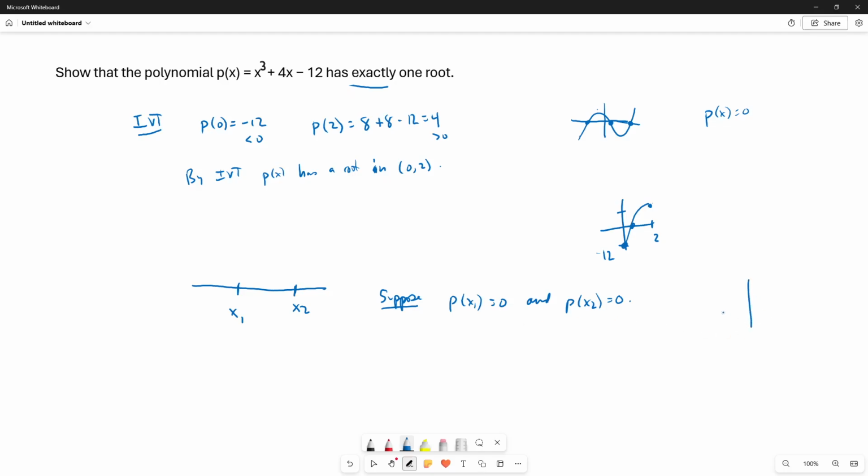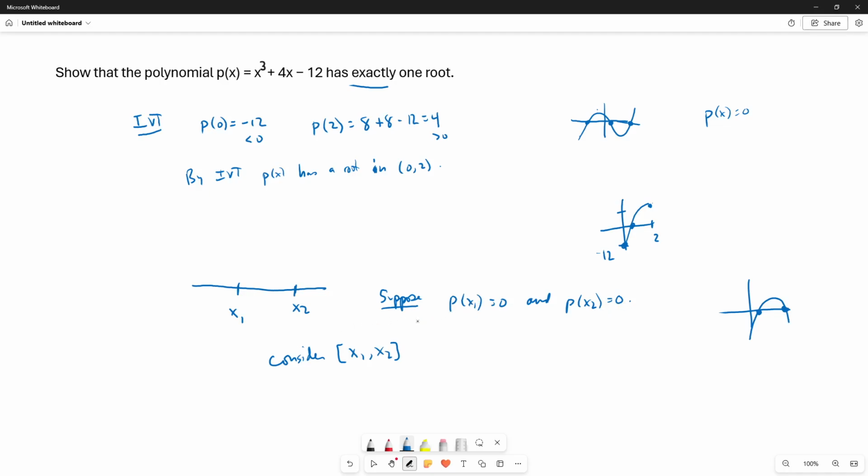Now the function having 2 roots means that at the endpoints, I'm going to consider the closed interval from x1 to x2. Then at the endpoints, the polynomial has the same height, namely 0.